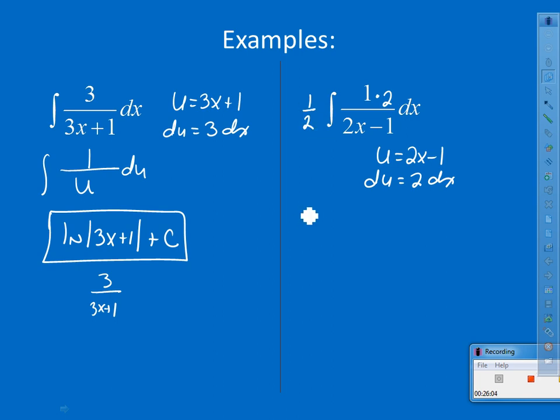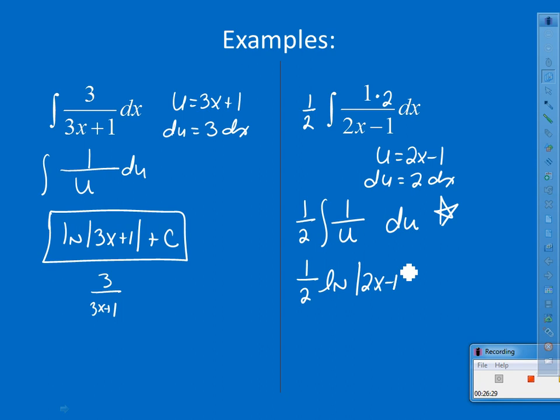So now when I rewrite this, it becomes 1/2, the antiderivative of the 2 dx, which becomes my du. I have a 1 over 2x minus 1, which is u. That's my green light that it's a natural log. So my answer is 1/2 the natural log of the absolute value of 2x minus 1 plus c.